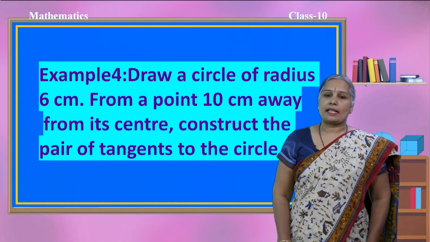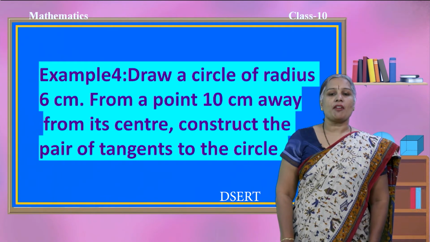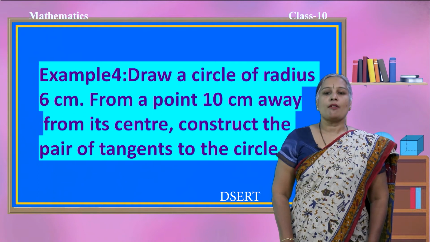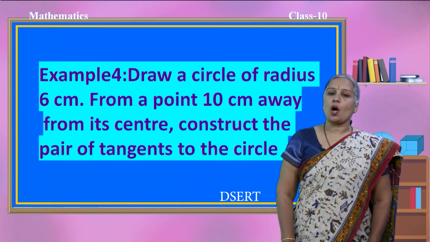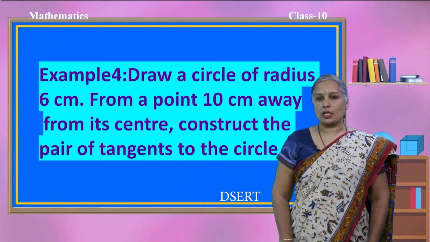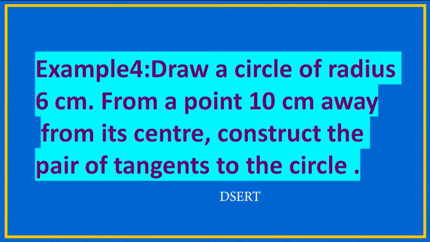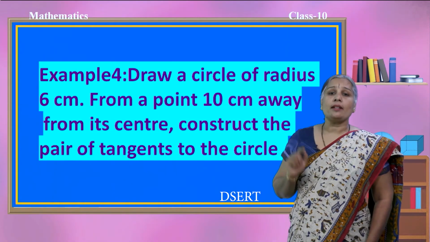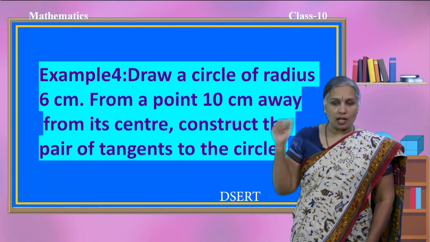Now see this example. Draw a circle of radius 6 cm. From a point 10 cm away from its center, construct a pair of tangents to the circle. It means first, as usual, you have to construct a circle of radius 6 centimeter. Then take an external point.